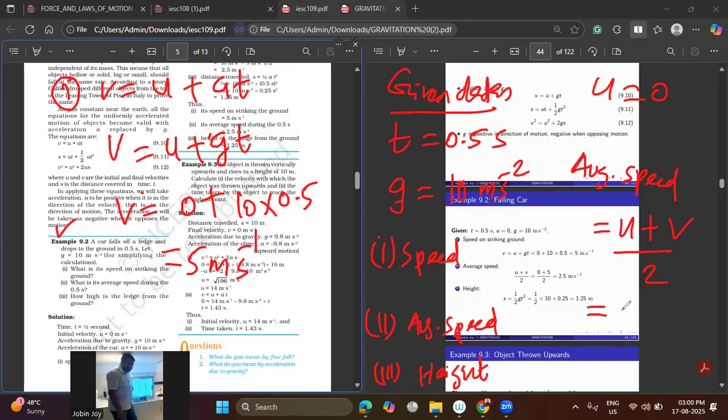So this is equal to initial speed 0 plus v, which is 5, so 0 plus 5 divided by 2.